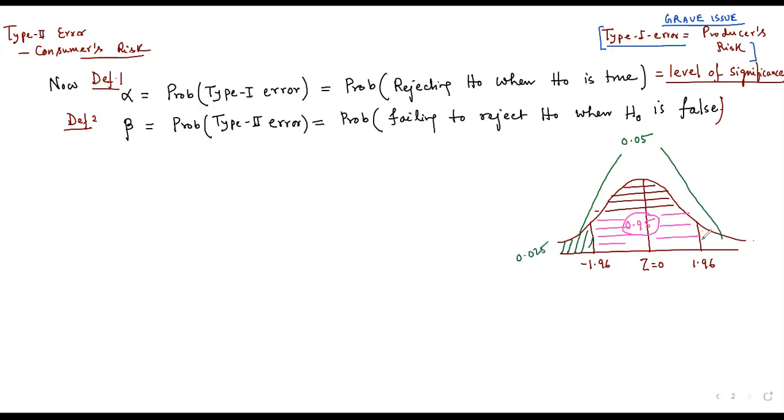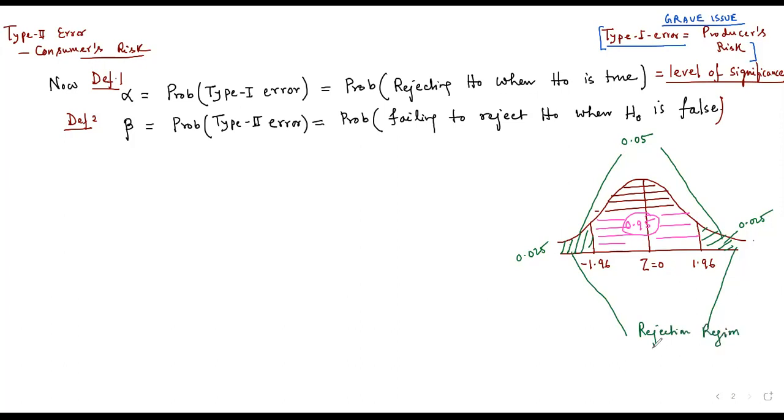The lower end will have the same probability as the right-hand tail, because the curve is symmetric. So these regions, which I have denoted by the probability 0.05, are actually called the rejection region.